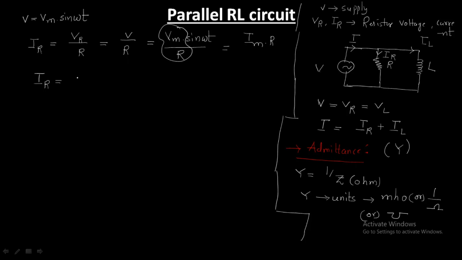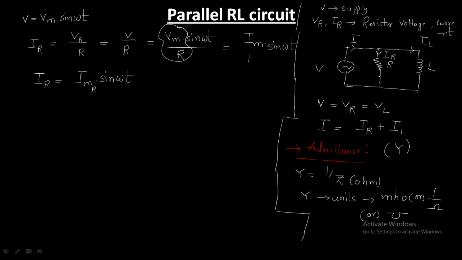So finally we can write Im sin omega t. Vm by R, the maximum voltage over the resistor, gives the maximum current through the resistor. So you can write it like this, IR equals Im R sin omega t.